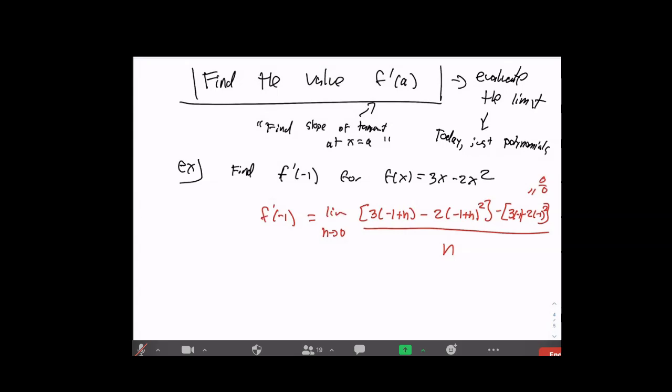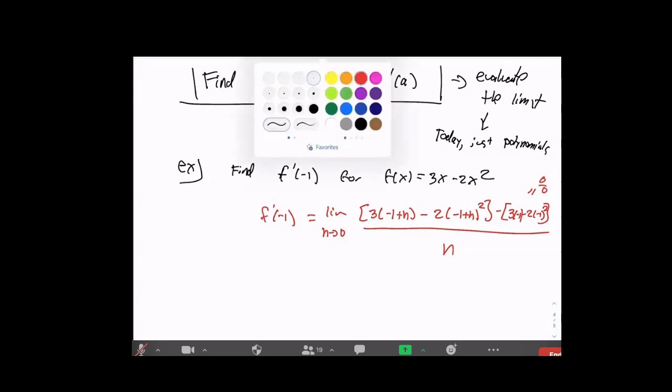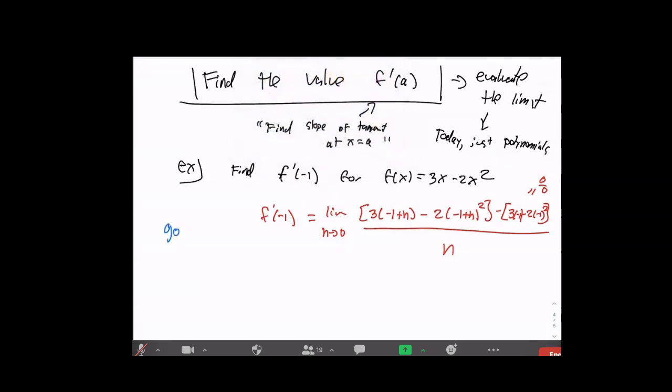So your goal is to: 1, simplify the numerator; 2, factor out an h; 3, cancel h; and 4, reevaluate.